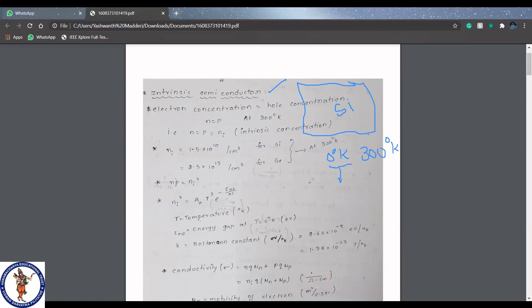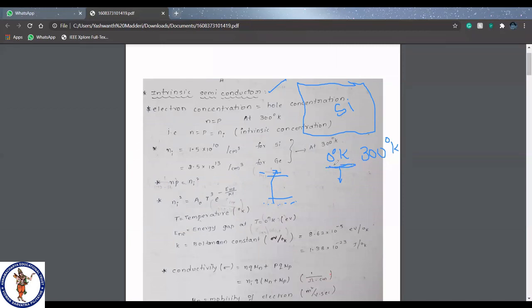At this particular temperature, this is the conduction band and this is the valency band, and electrons are there initially in the valency band. By applying some potential, the electron will move from the valency band to the conduction band, and then the electron will move in the conduction band, and that gives rise to the current flow.